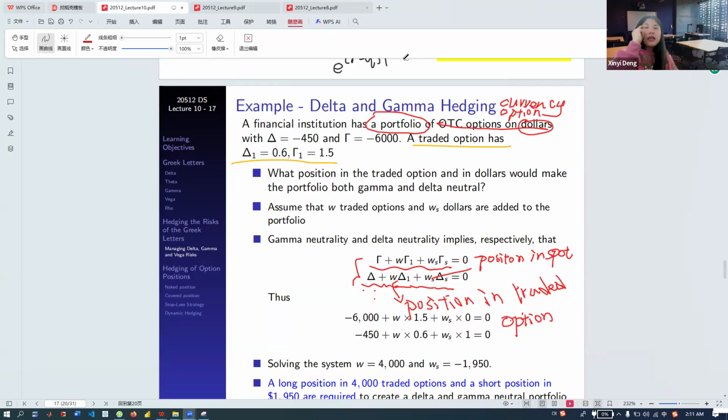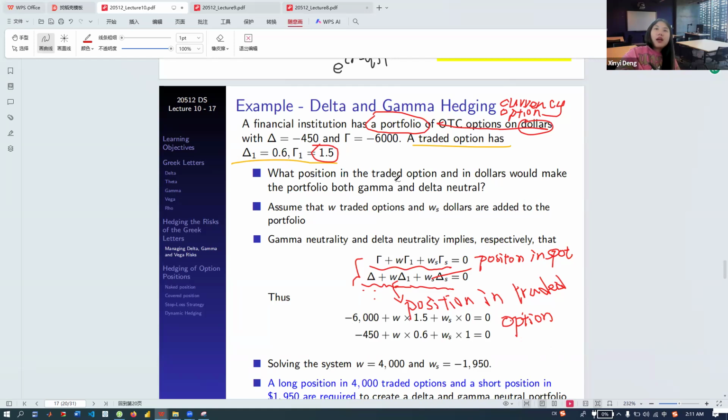And then you plus W times gamma 1 of the traded option, that's 1.5. Then for gamma S, we already know that gamma S is equal to 0, right? That's what we previously derived. Now we successfully get the equation about gamma. And then for delta neutral, the original delta without any hedging is equal to minus 450.